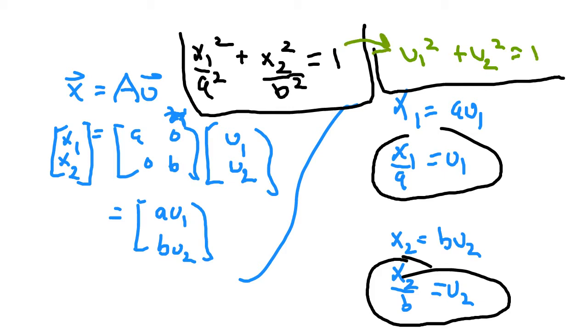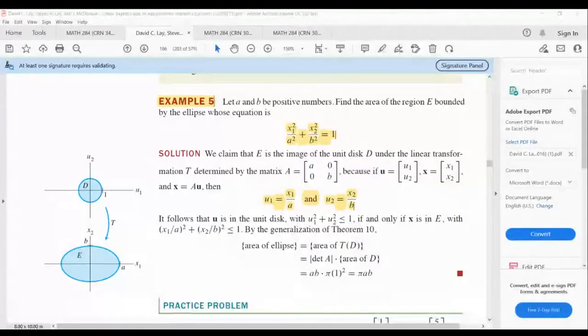So in terms of the variables u1 and u2, the ellipse with x1 and x2 axes is equivalent to a circle with the u1 and u2 axes. That's what they're getting at in the picture on the left.